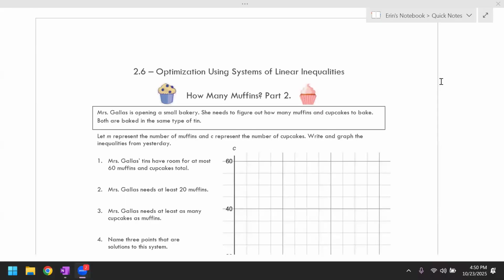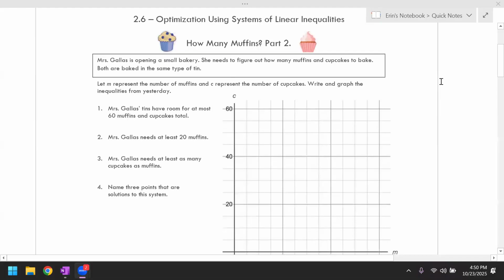Okay, so this lesson adds another layer onto what we've been working on with linear inequalities by adding what's called an objective function. So here's the same situation that we've been working with for a couple of classes now.